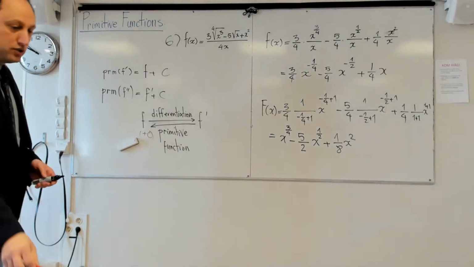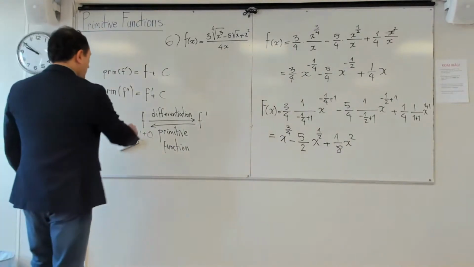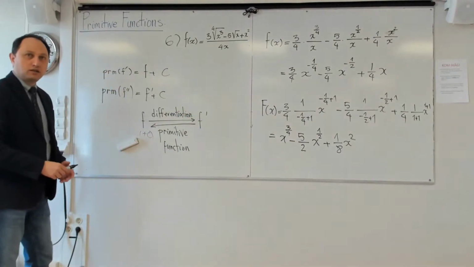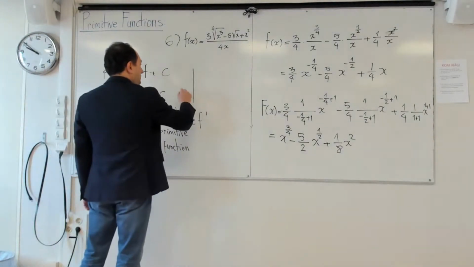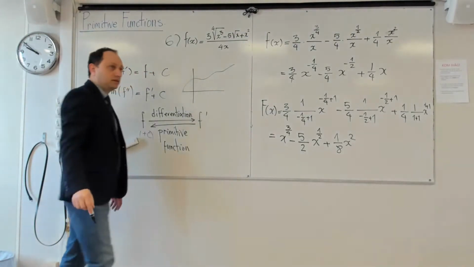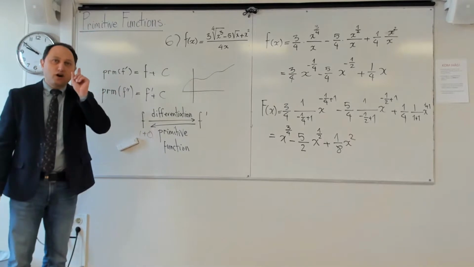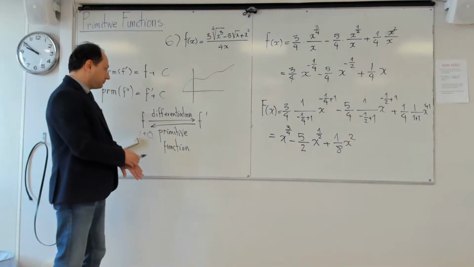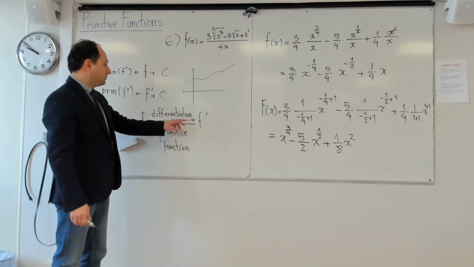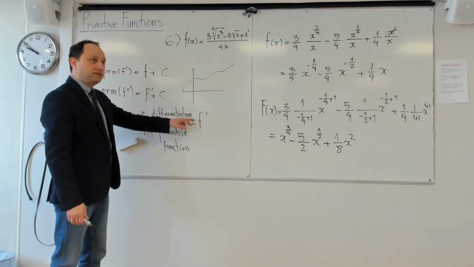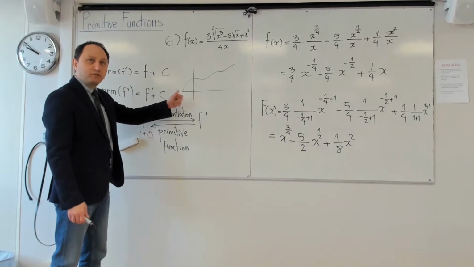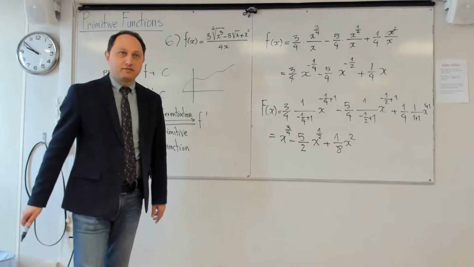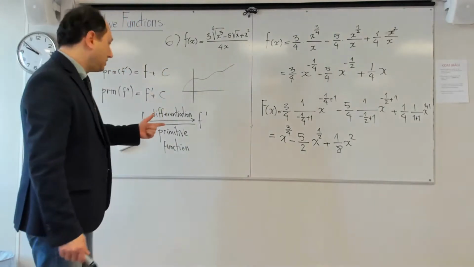So we are doing the opposite of differentiation, but going from a function to its derivative is unique. Okay, so it means that if I give you the graph of a function, the graph of the derivative is one graph. But if I give you the graph of a function, the graph of the primitive function is not unique. There are infinitely many graphs, because there is any constant.